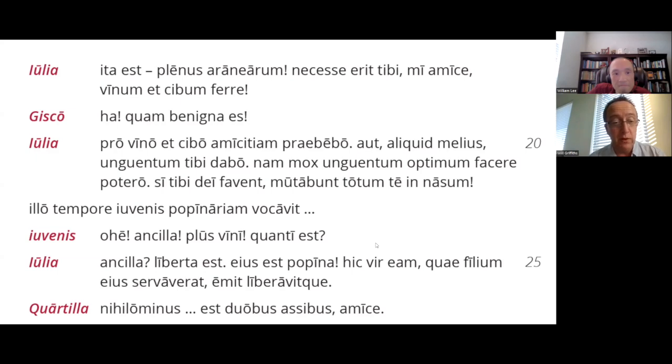Now, she's been purchased and set free, but her son hasn't. Why is that? Well, Gisco might repay Cortilla for what she's done for his son, but he's also a realist. He's not going to buy up everybody and set them free. So he's bought up Curax, but he's keeping him. Thanks very much.